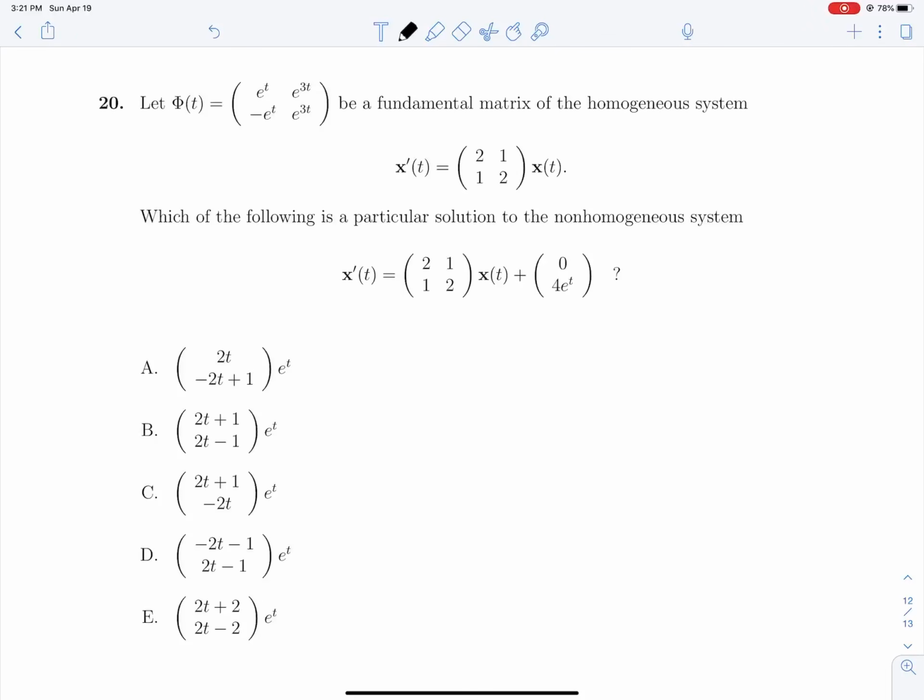Next problem: let phi of t be given there, and let it be the fundamental matrix of this homogeneous system. We're looking for the particular solution to this non-homogeneous system.